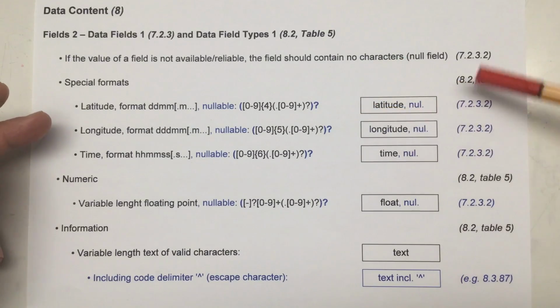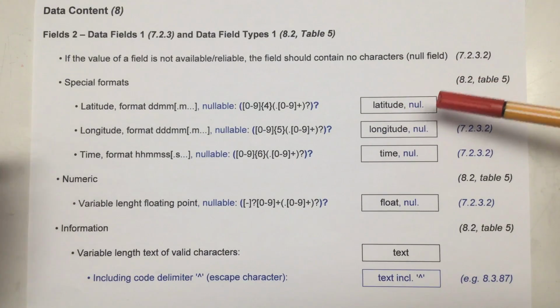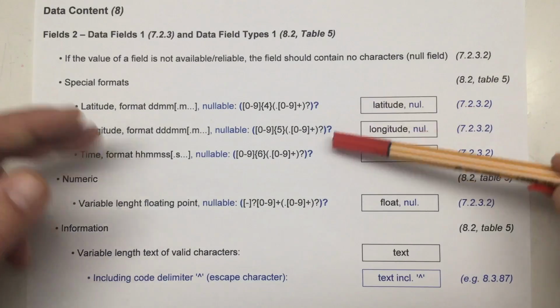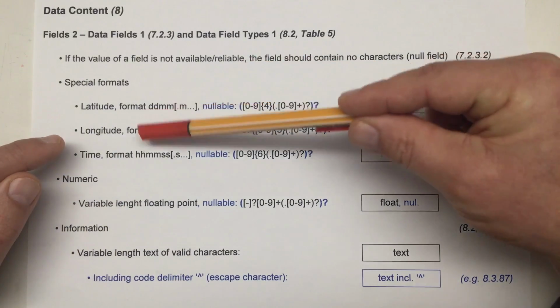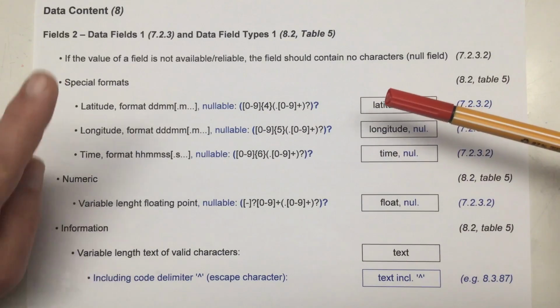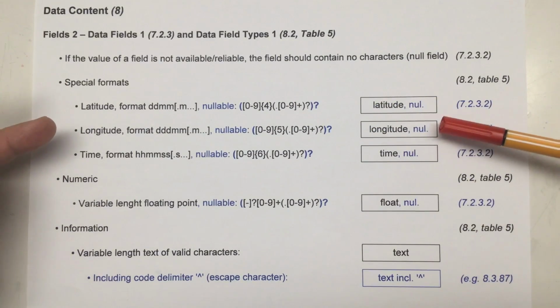And I will denote that by latitude and optionally comma nullable. Longitude is almost the same. The only difference is you have here for degrees an additional digit, and that will be longitude, optionally nullable.